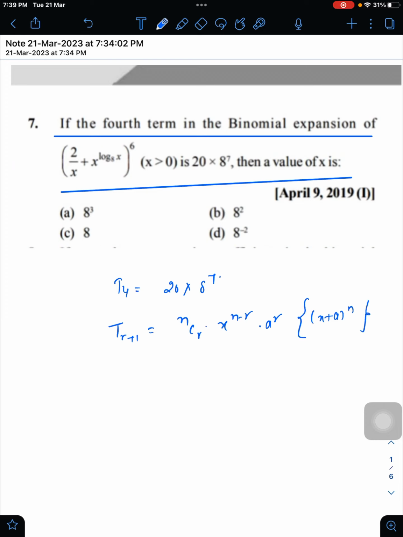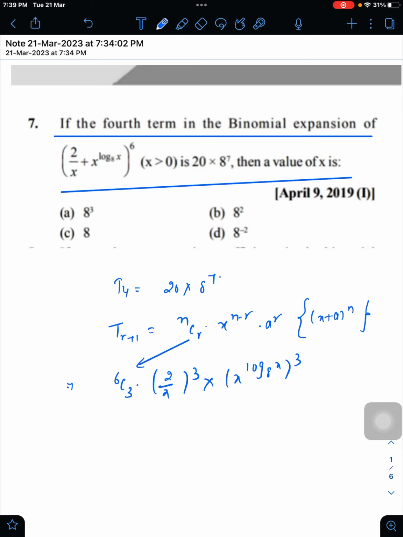Now if I apply this concept, what I get is 6C3 into (2 by x) to the power 3 into x to the power (log base 8 of x) to the power 3. Beta, I have used this concept.